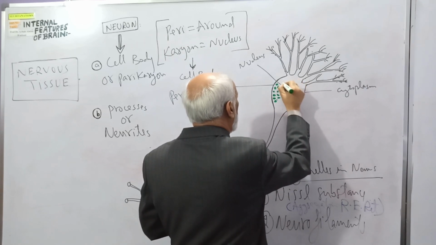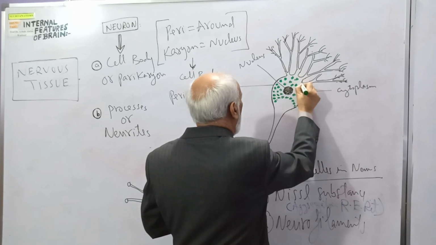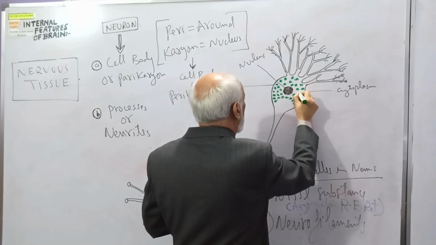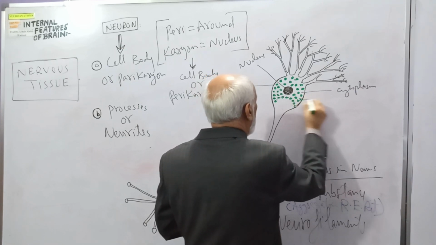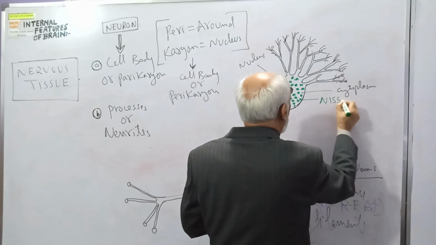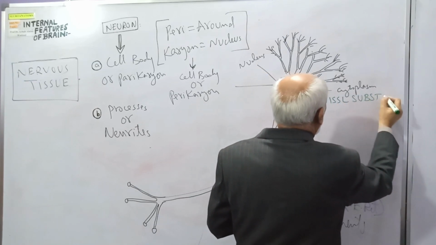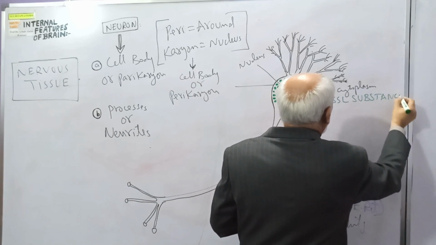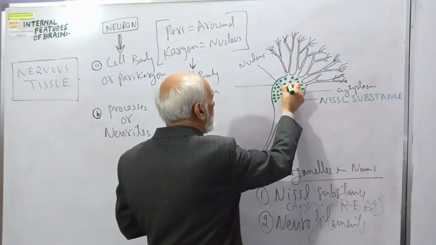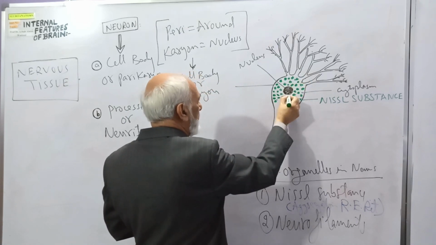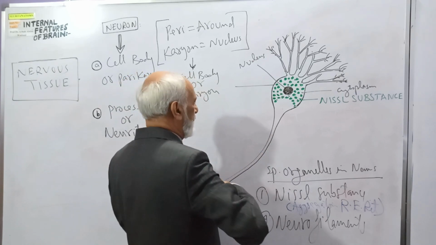Suspended in the cytoplasm around the nucleus of the cell body of the neuron, there are aggregations of rough endoplasmic reticulum known as the nissl substance or nissl bodies. And you can see these are present only in the proximal part of the cell body of the neuron. Now here you can see the axon starts.